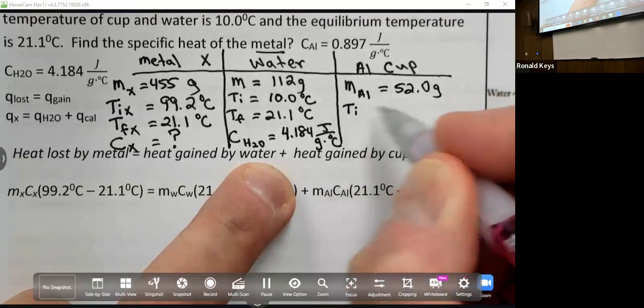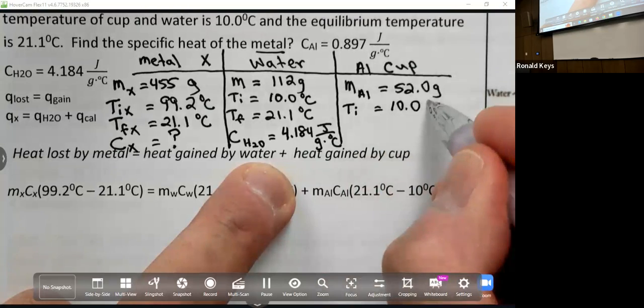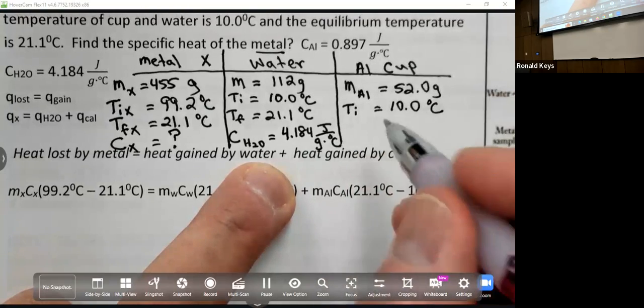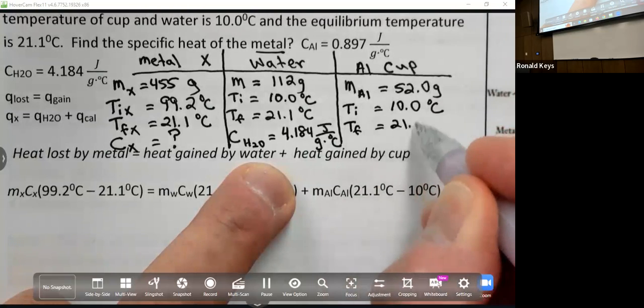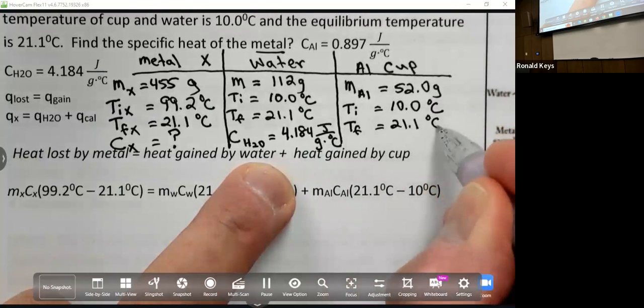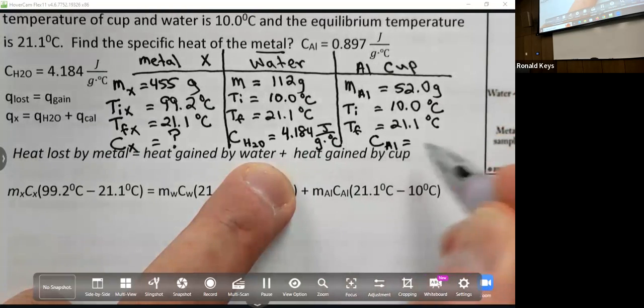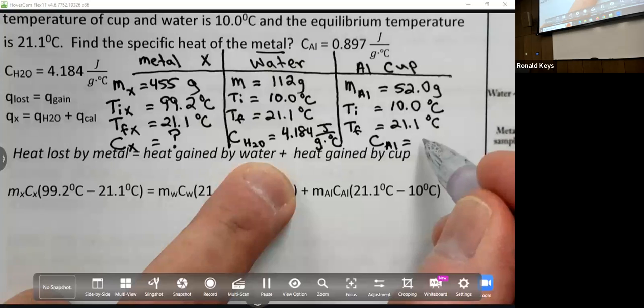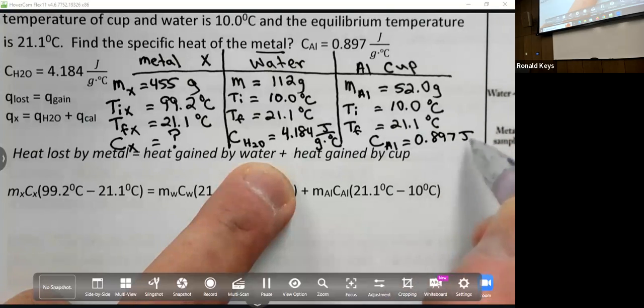Initial temperature of the aluminum was 10. The final temperature is 21.1. And the specific heat of aluminum, 897.